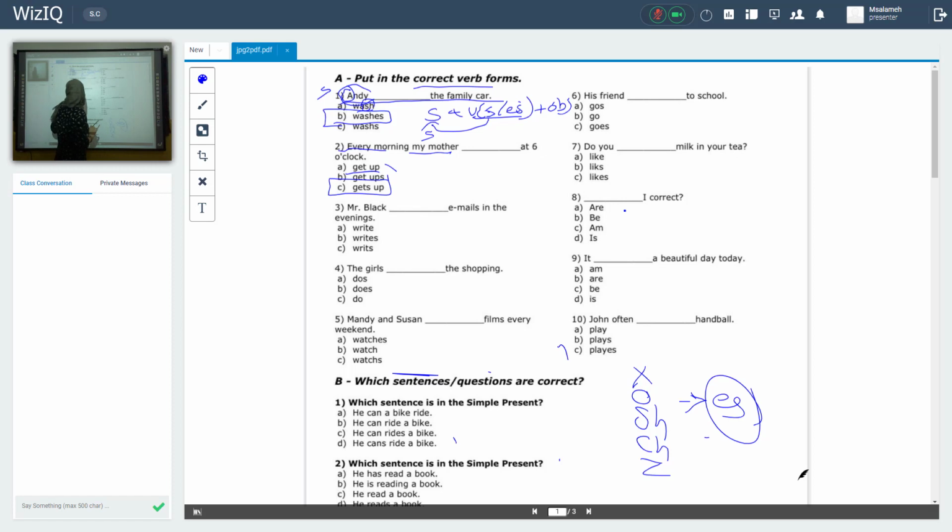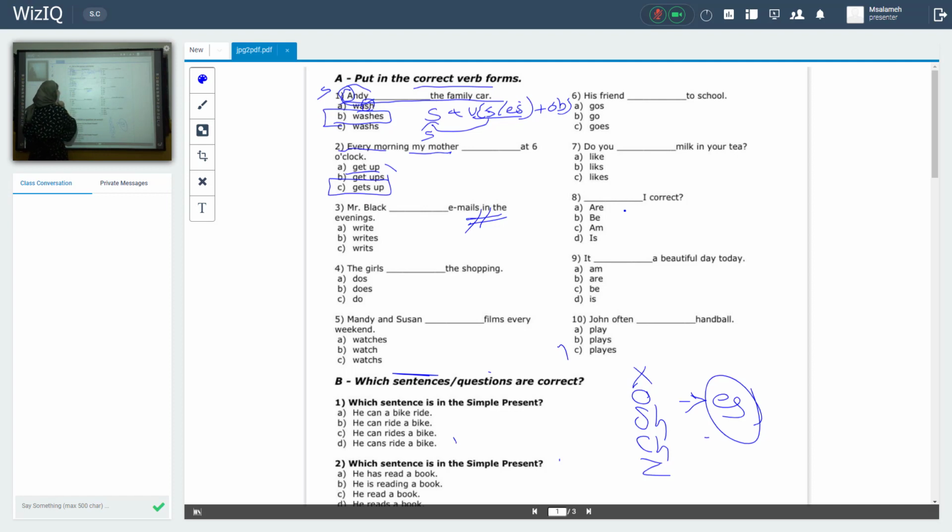Gets up. Number 3. Mr. Black, space email in evening. Okay. Now I know this time, what? Evening. Maybe it will come. Now it's evening or evening in the past, I don't know. So there is no specific time in this sentence.